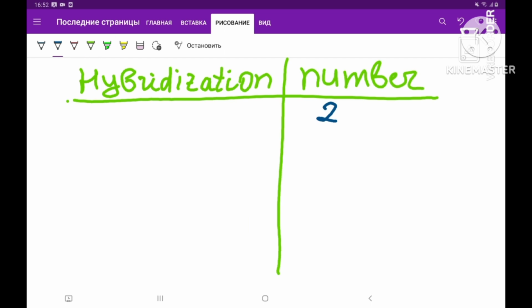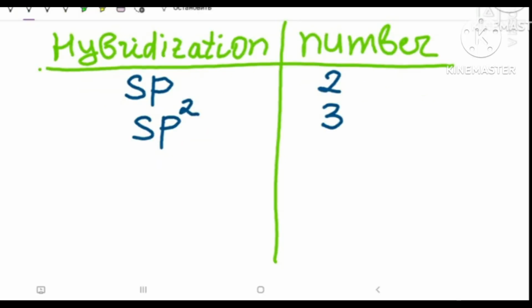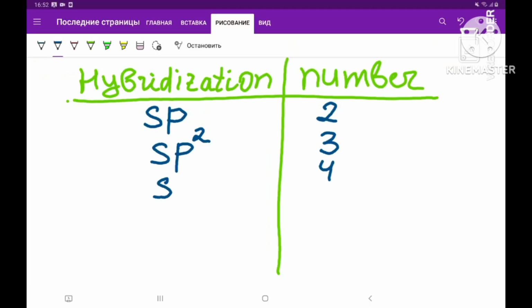If there are 2 sigma bonds or 2 electron areas, it will be S and P, so one of them will always be S, the other one will be P. If it's 3, then it will be sp2, so one is always S, and 2 are missing, so 2 will be P. If it's 4, that will be sp3.